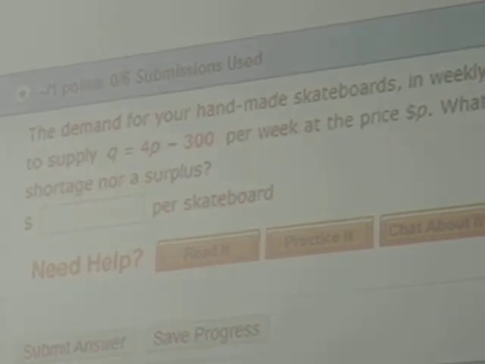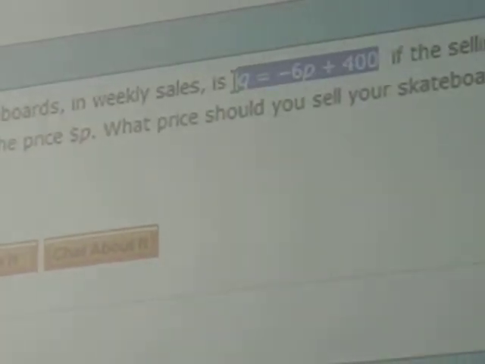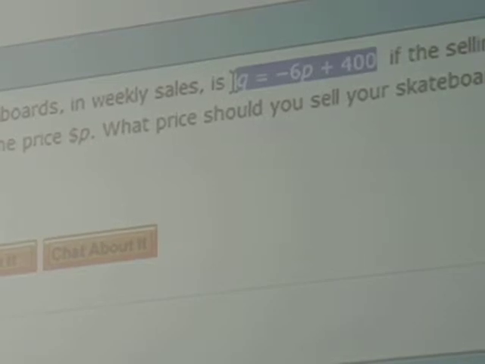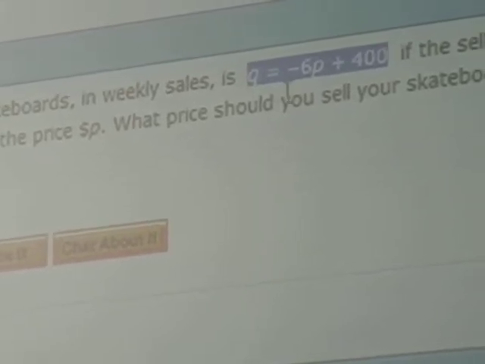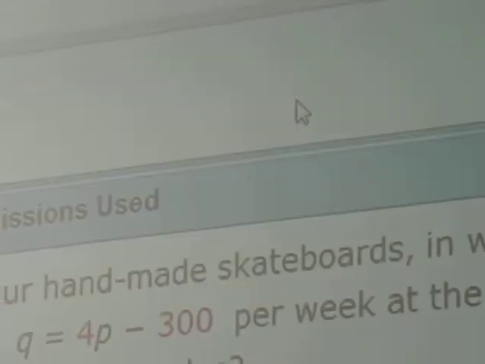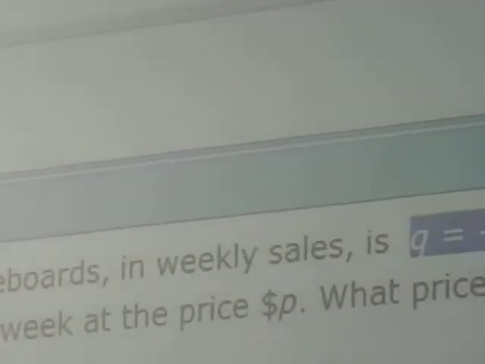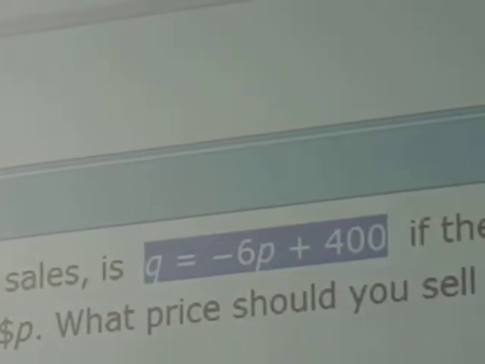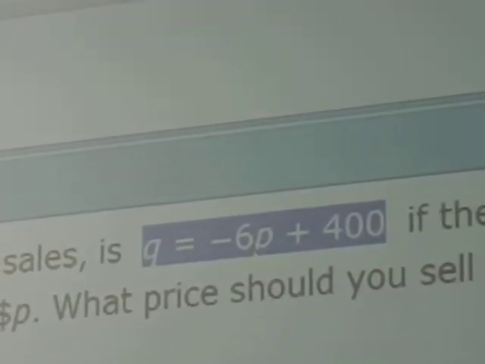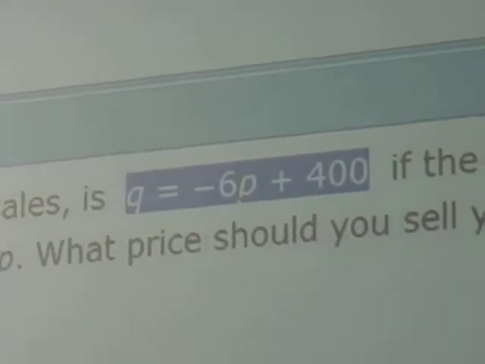One thing is, I hope that it's downward sloping, right? Otherwise, I think it's a very bad model. Is this downward sloping? What's the slope of this equation? -6, so it's downward sloping.